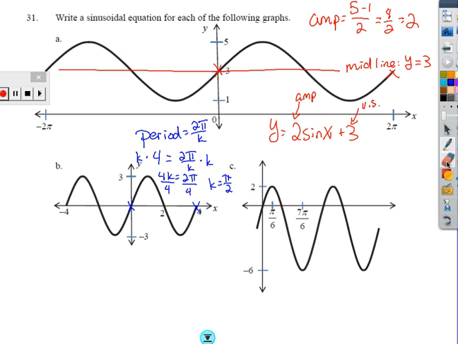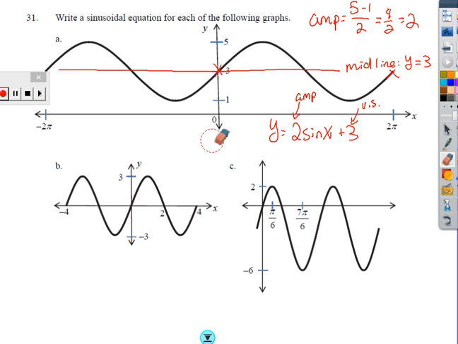I'm going to clean this up a little bit. I know now k equals pi over 2. And I need to find my amplitude. My amplitude in this case would be 3 minus negative 3, so that's 3 plus 3, which is 6.